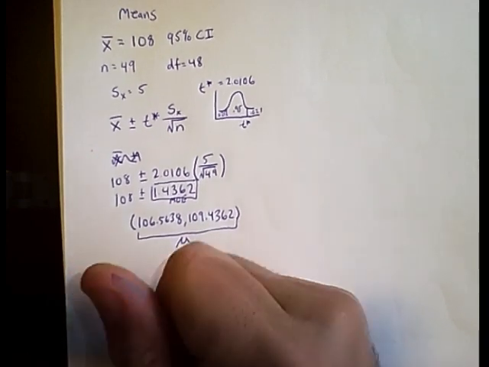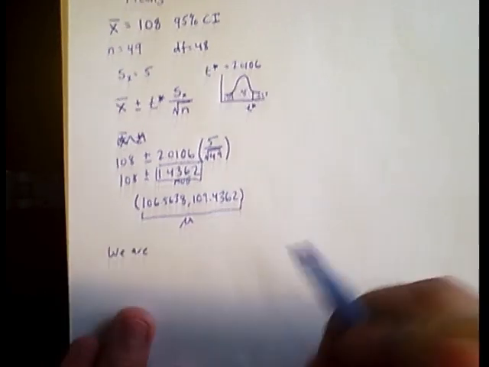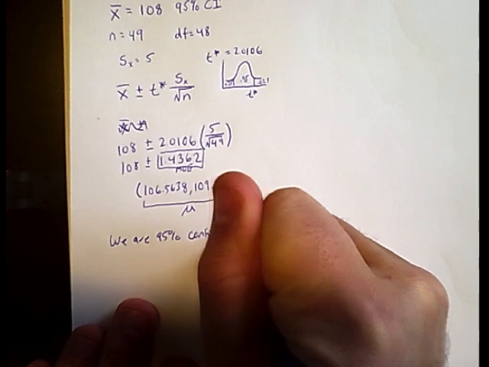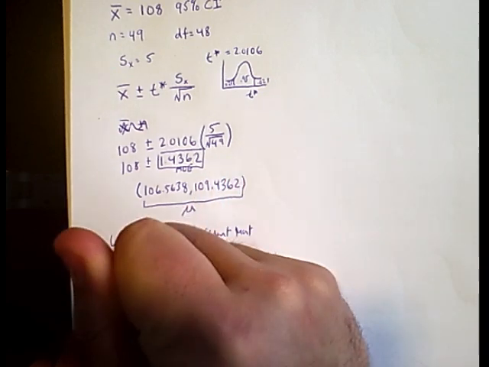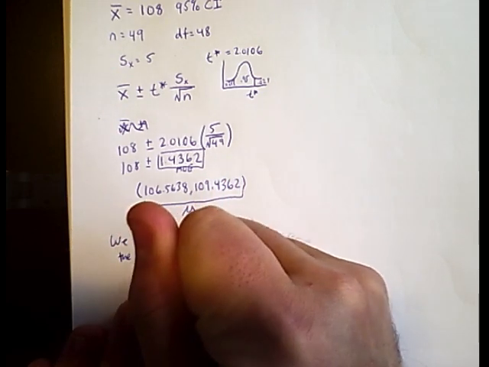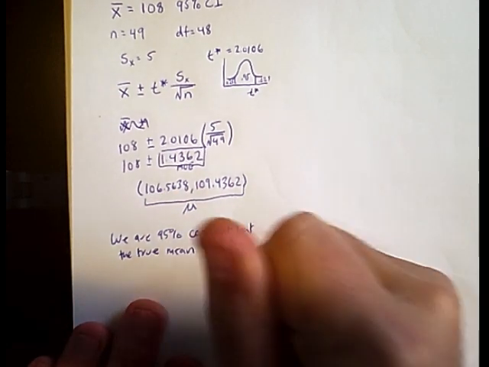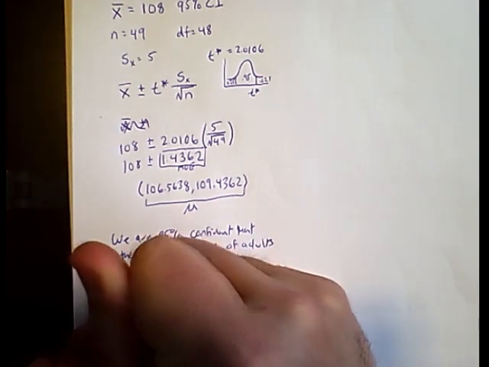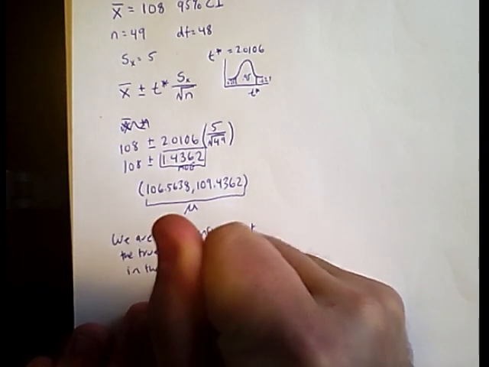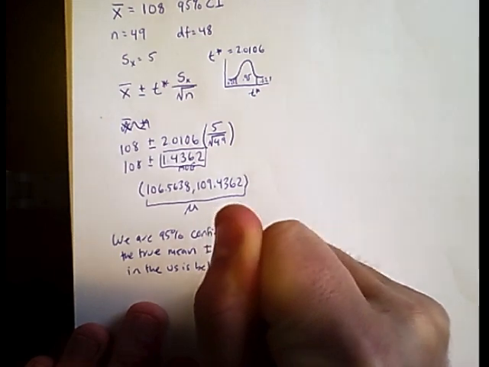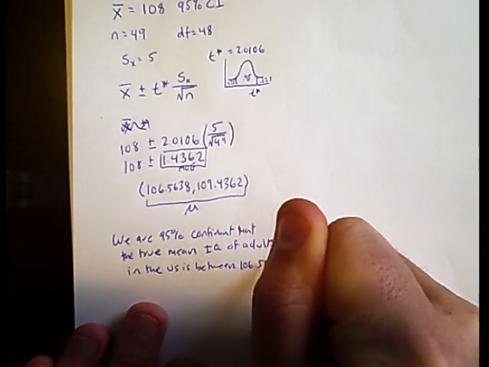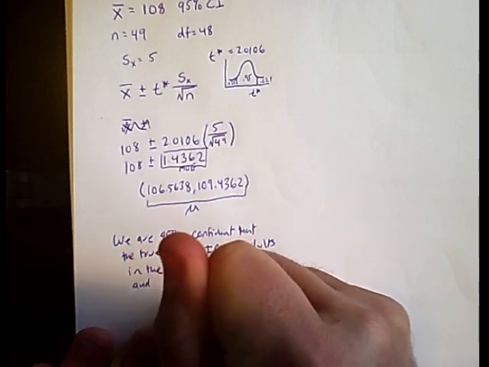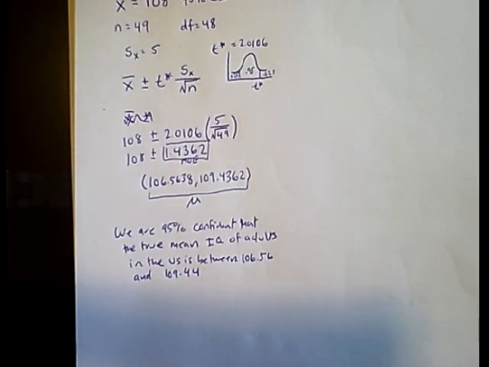So we would say something to the effect of, we are 95% confident that the true mean IQ of adults in the US is between 106.56 and 109.44, if I just rounded two places.